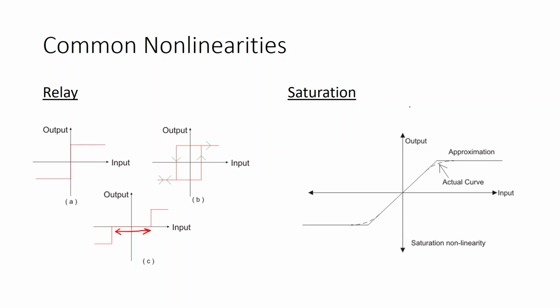Saturation is a phenomenon where you could have a linear system, but it saturates after going beyond a certain point in the input. So the output saturates and does not grow any further.